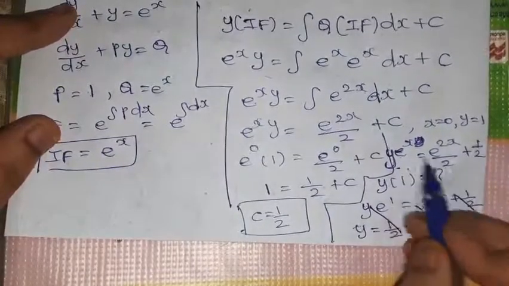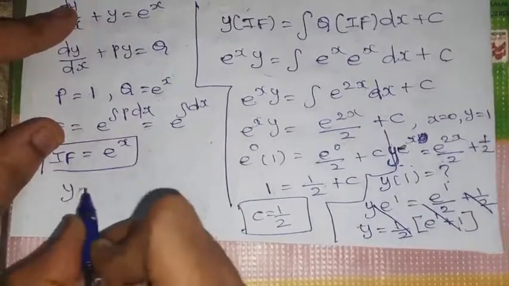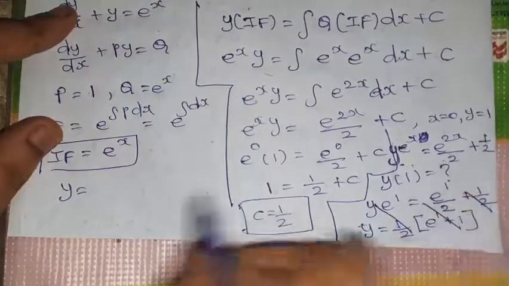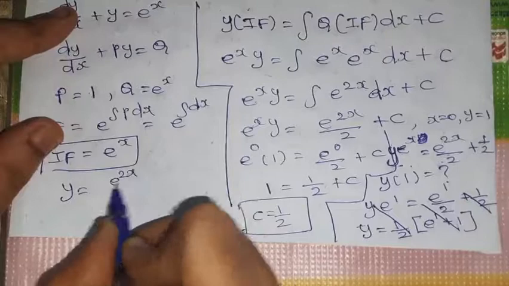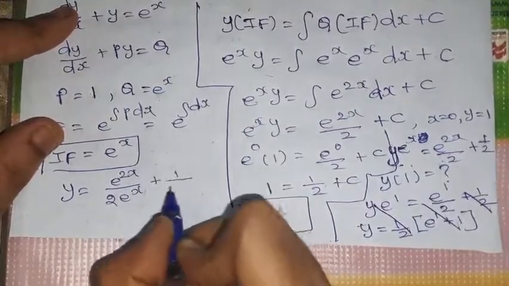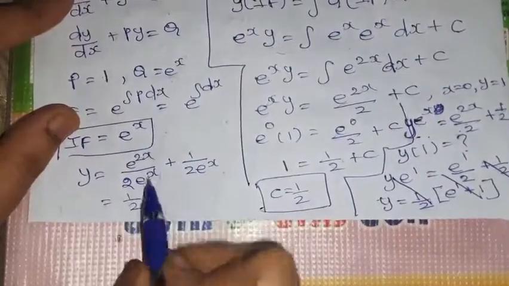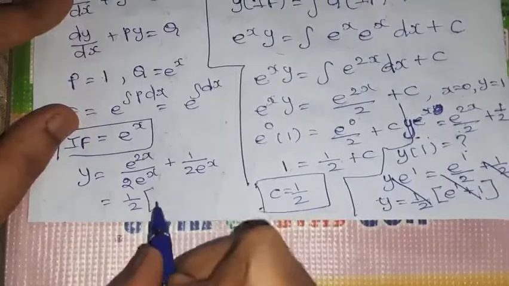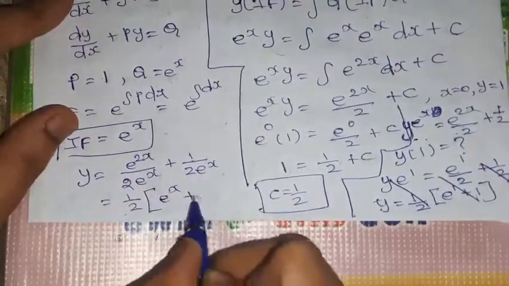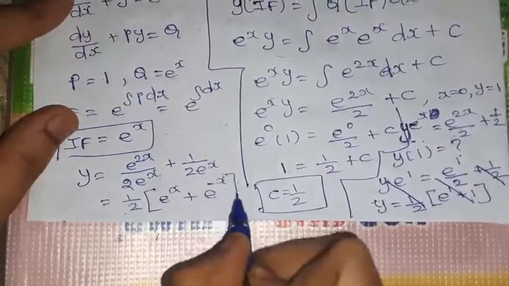Dividing by e power x, what we will get? y equal to e power 2x divided by 2 e power x plus 1 by 2 into e power x. So 1 by 2 as common, what we will get? e power 2x minus x, we will get e power x. We have taken 1 by 2 outside, plus remaining 1 by e power x, we can write it as e power minus x, right?